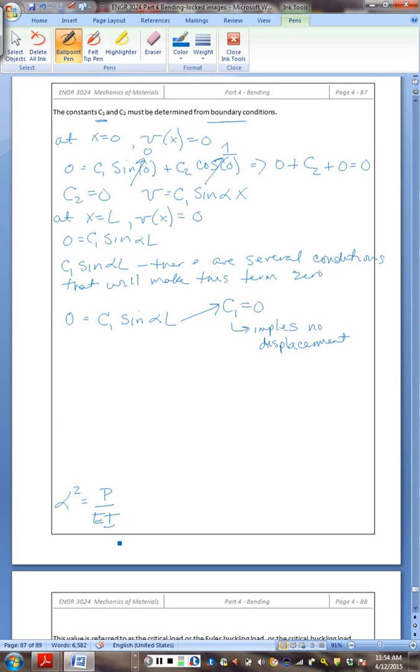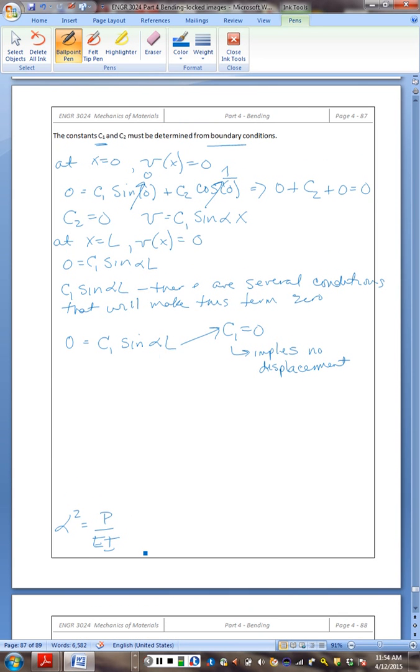So another way that this C1 sine alpha L term could be 0 is that alpha is 0. How is alpha 0? That would imply no load, which is not necessarily a very interesting case, but it is a possibility.